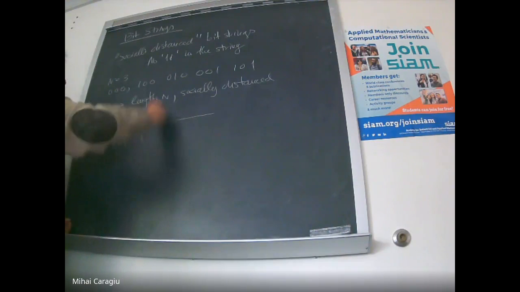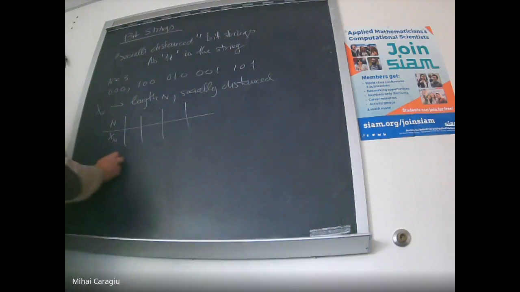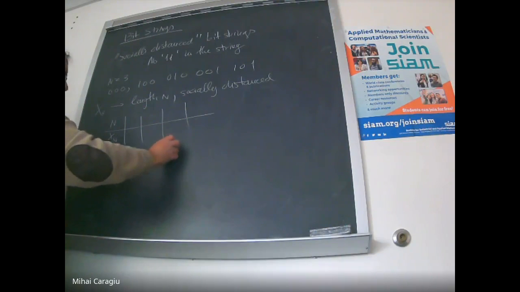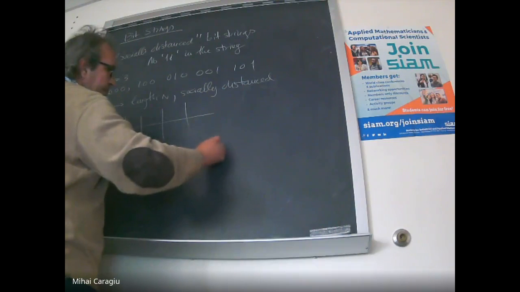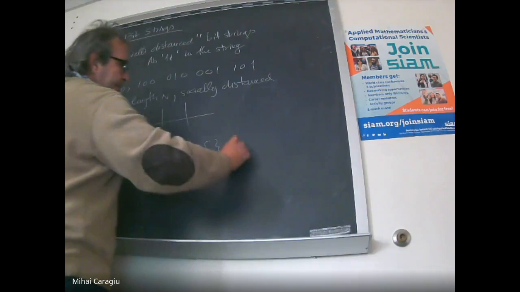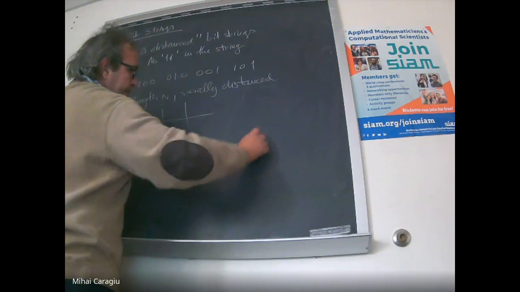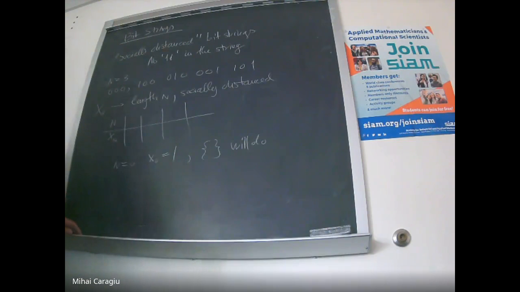For the first couple of values, if n equals 0, x_0 is 1, because the empty string will do. The empty string does not have a pair of ones sitting next to each other.